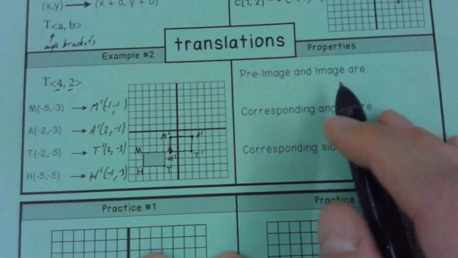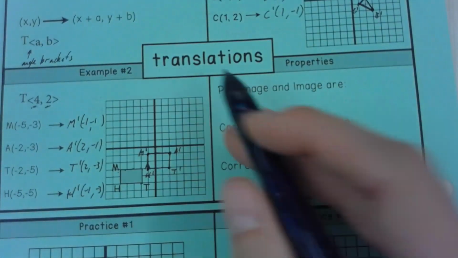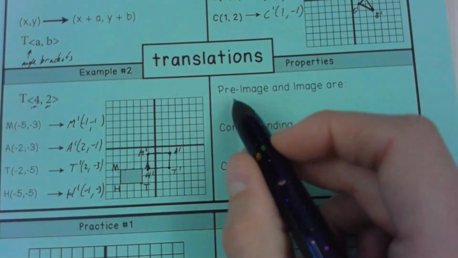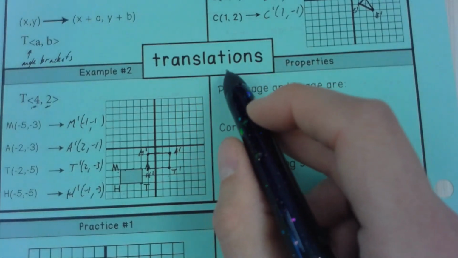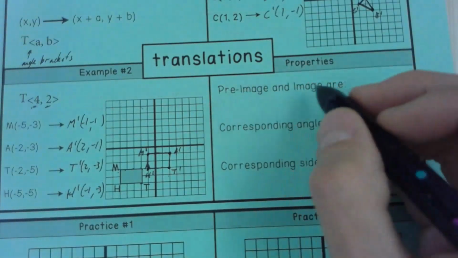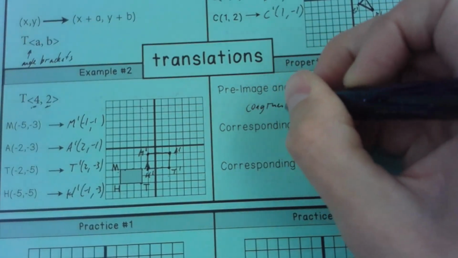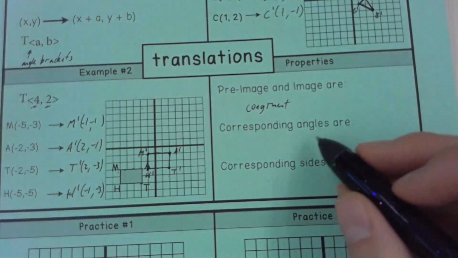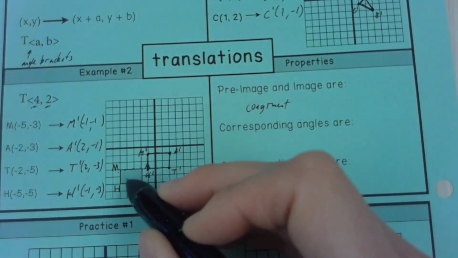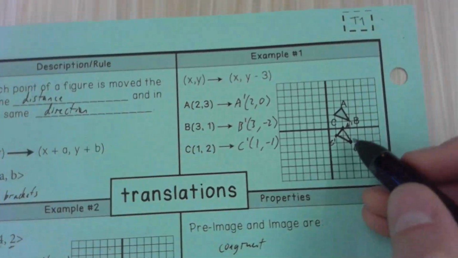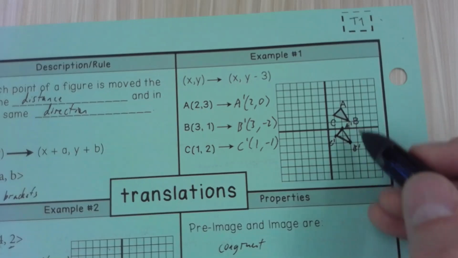So our properties for translations, as we said on the front, a translation is a congruence transformation. So the pre-image and image are congruent, and all of the corresponding angles, notice how these are all right angles, these are all right angles. That angle there at A looks like it's the same angle there, that same angle there at B, same angle here.